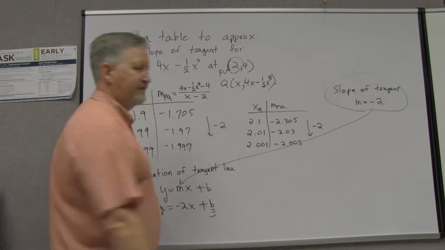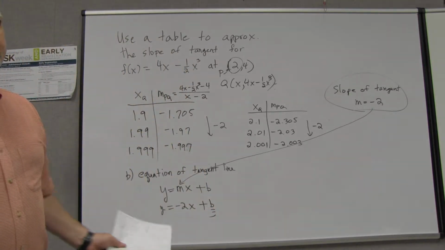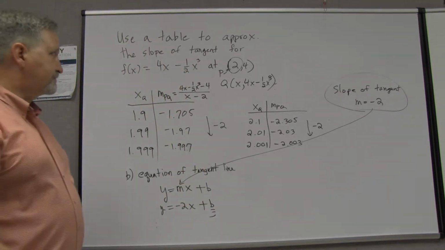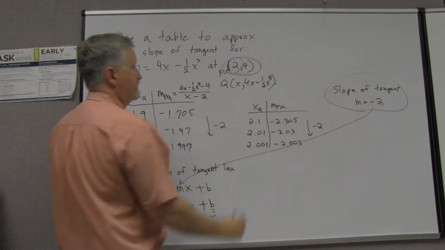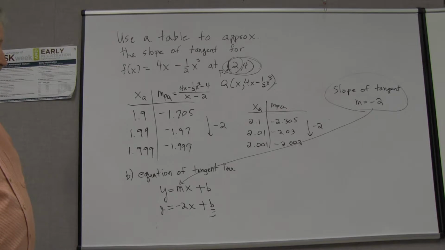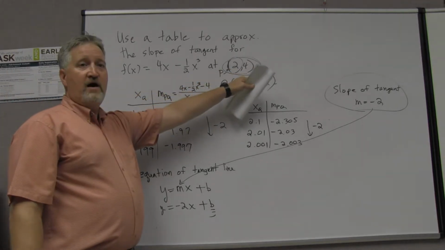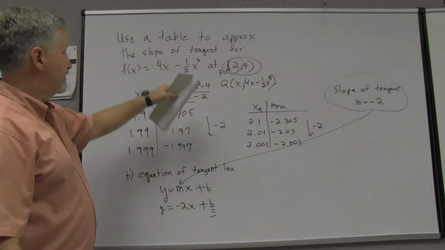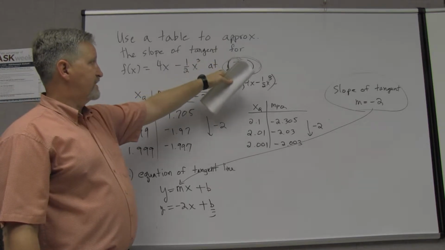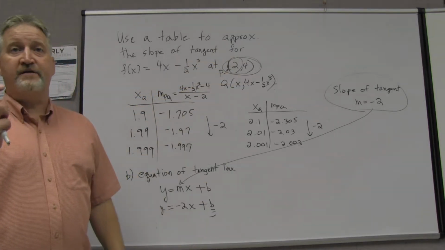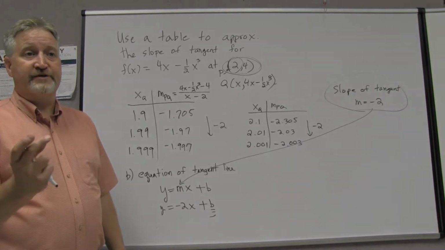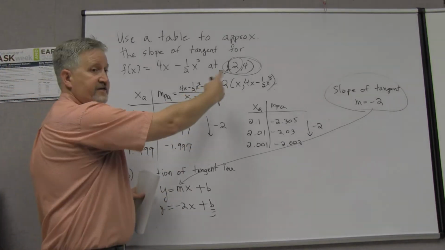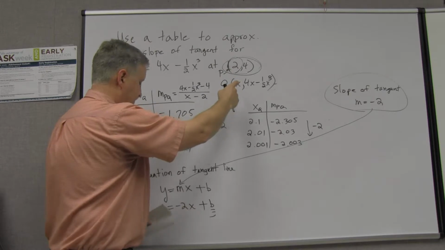All I have to do now is figure out the b, and the way I go about it is, if we go back and look at it another way, that's an x comma y, and I'm looking for the slope of the tangent line at 2, 4. So 2, 4 is on the tangent line. That's the way I've made this. So an x comma y on this line is 2, 4.